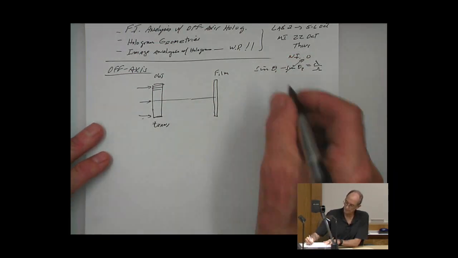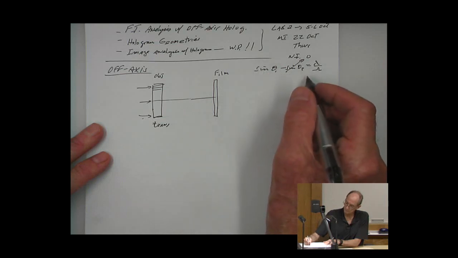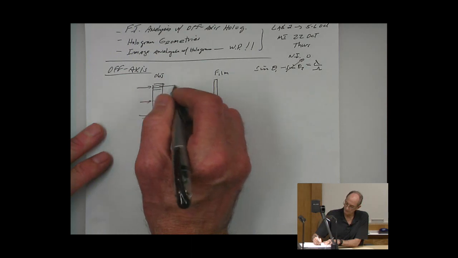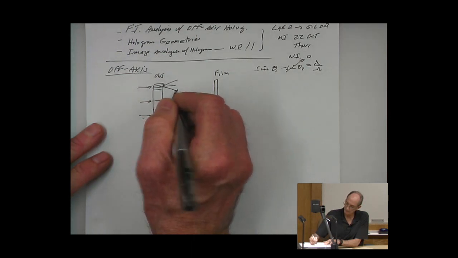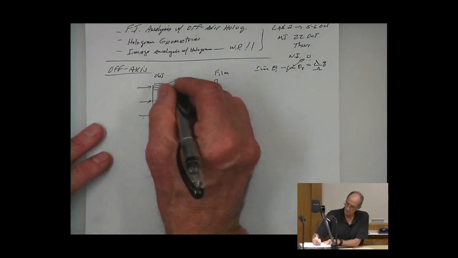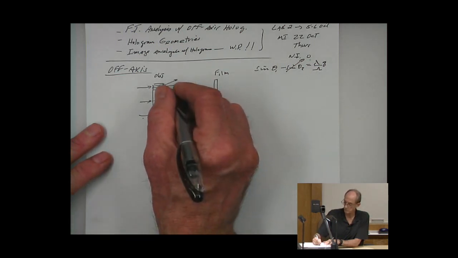So we just have the sine of the diffraction angle coming off this, and we could have a q here, which could be a plus or minus order, or multiple orders as well.